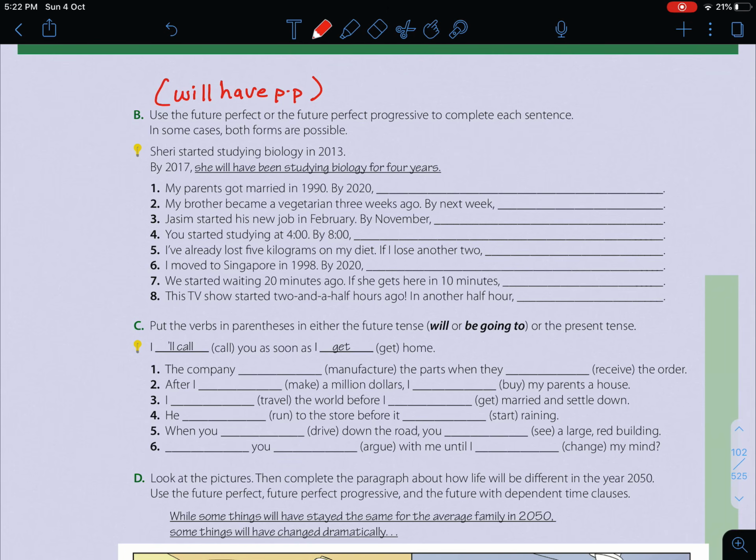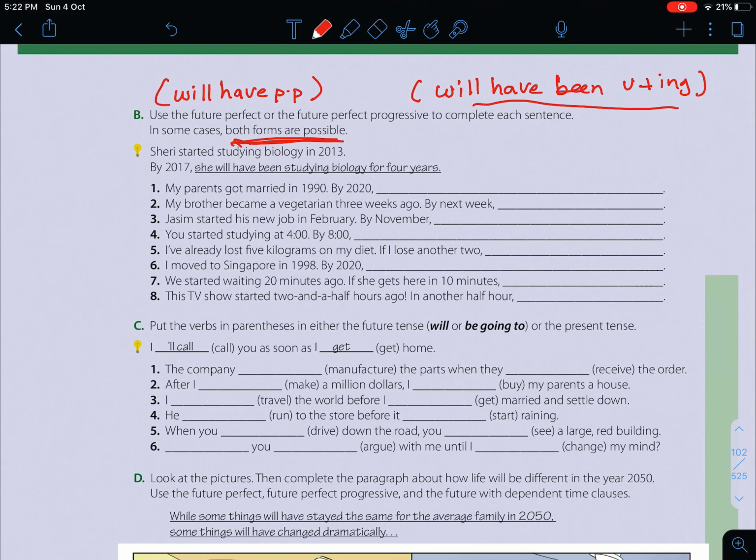Okay, and the future perfect progressive is will, have, been, and present verb ing اللي هي present participle. Okay, and here we focus on time. Okay, but some cases both forms are used. ممكن استخدم الاثنين.